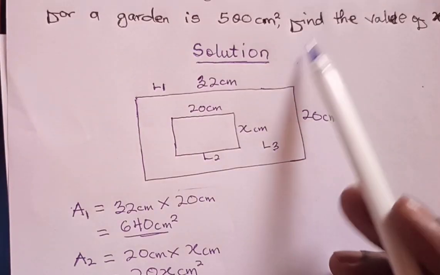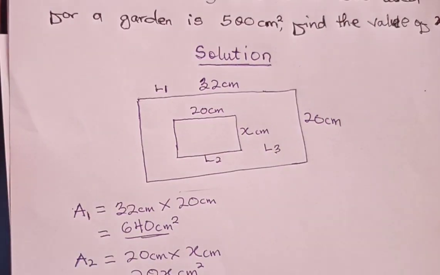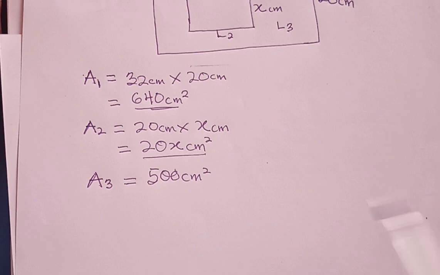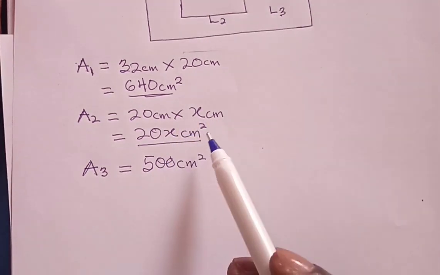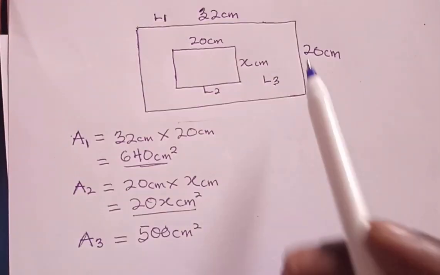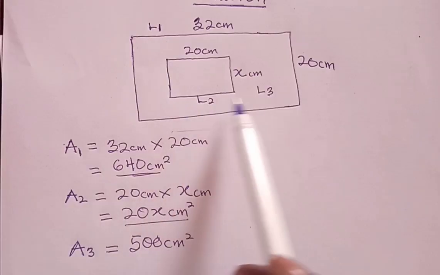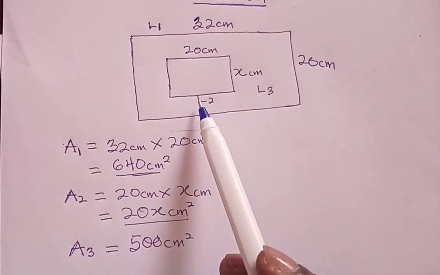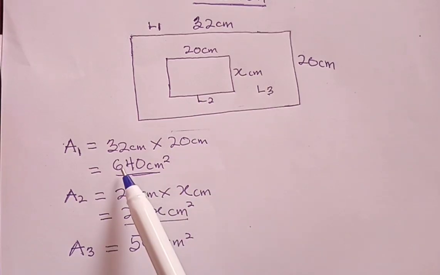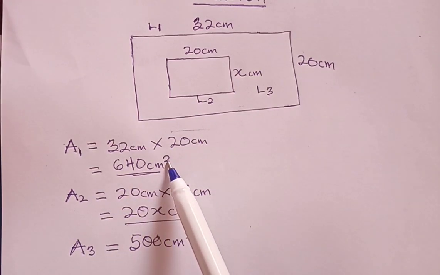So once we have the whole of this, then we can move on to what the whole question demands. The question demands that we find the value of x. For such a question, how do we find the value of x? Remember that the total area of the plot of land the man bought is 640 centimeters squared.